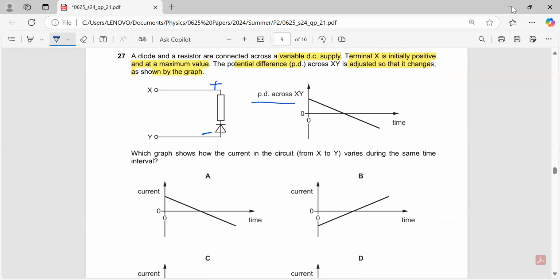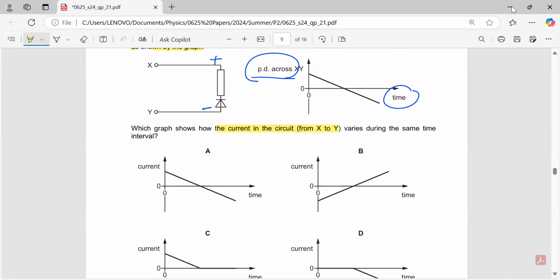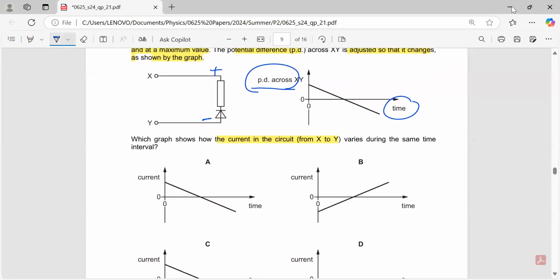This graph is between PD and time. Now, what they want is which graph shows how the current in the circuit from X to Y varies during the same time interval. Initially, this graph is for potential difference, but we need the graph for current now.